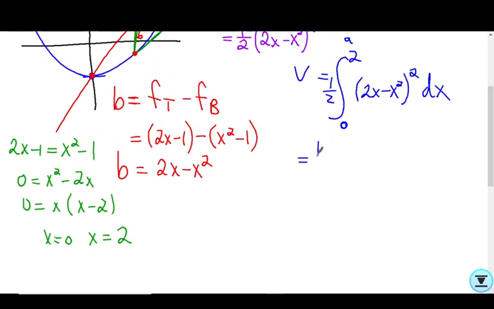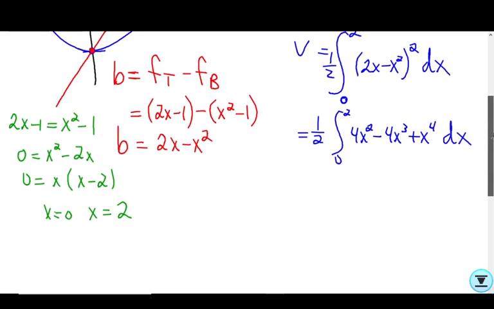So I get 1/2 the integral from 0 to 2 of 4x squared minus 4x cubed plus x to the 4th dx. You've got to do (2x minus x squared) times (2x minus x squared). Don't you dare distribute the square into your parentheses. It's not how it works.